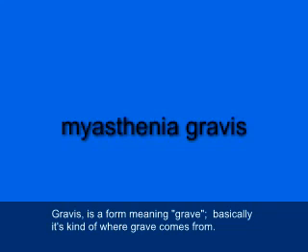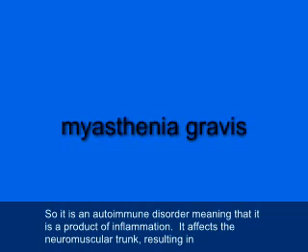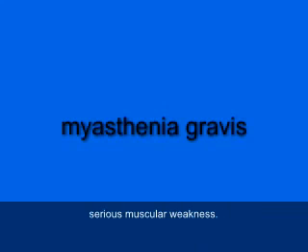Gravis is a form meaning grave, basically. It's kind of where our word grave comes from. So myasthenia gravis is a chronic autoimmune disorder that affects the neuromuscular trunk, resulting in serious muscular weakness. So it's an autoimmune disorder, meaning it's a product of inflammation. It affects the neuromuscular trunk, resulting in serious muscular weakness.